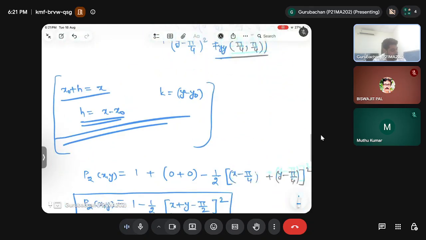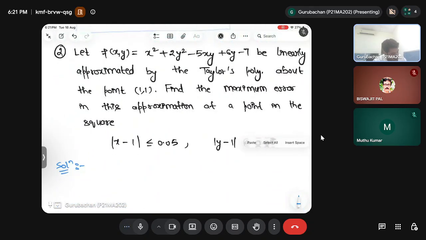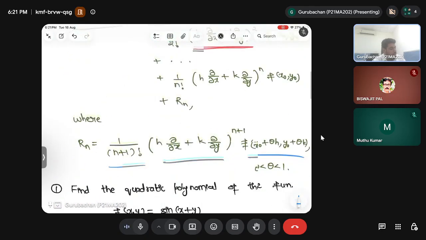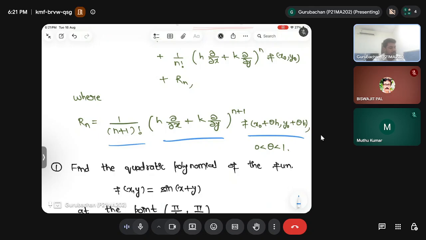So how it will look: r1 x y, this will be 1 by 2 factorial, and next one will be x minus x naught, and here x naught is 1, so x minus 1 del by del x plus y minus 1 del by del y.